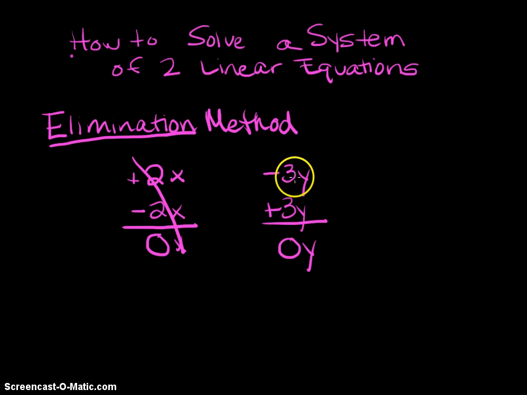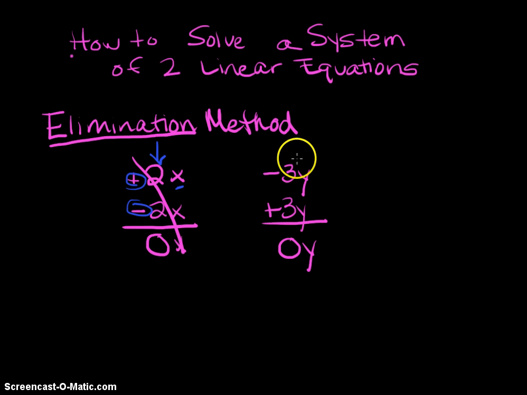Okay, so we're going to use this idea of eliminating a variable. And it's important to note here, I'm going to circle some things here, that the coefficients of these x terms, they're the same number, but the signs are different.